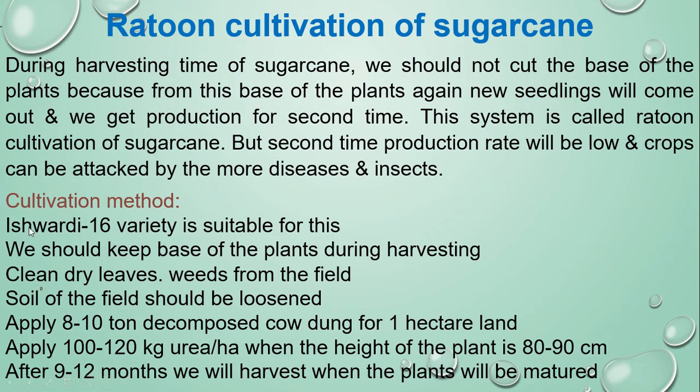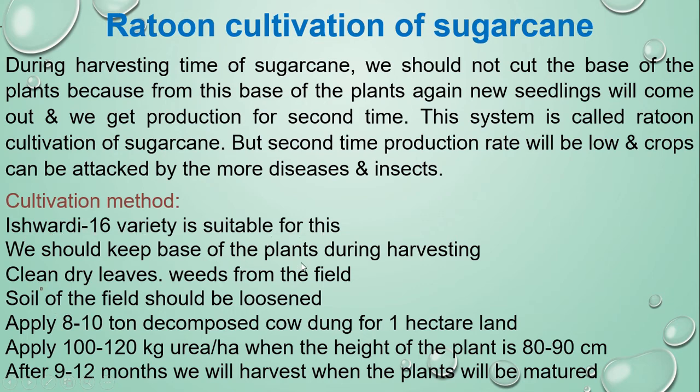We have to do the same procedure like applying fertilizer, applying irrigation, cultural practice, interculture, earthing up, staking, which have to be followed in ratoon cultivation as well. But not all types of varieties are suitable for ratoon cultivation. Here you can see it shows 16 varieties are suitable for this.